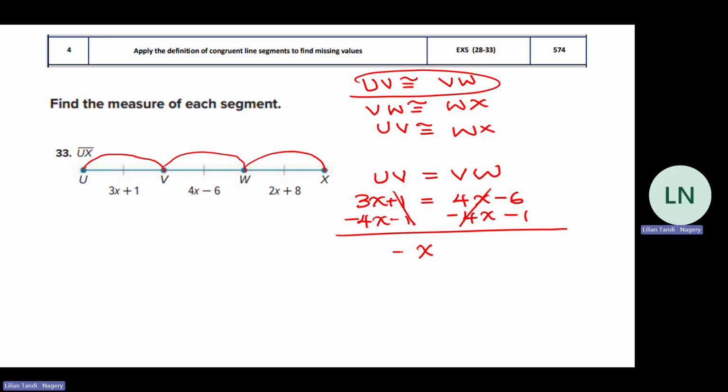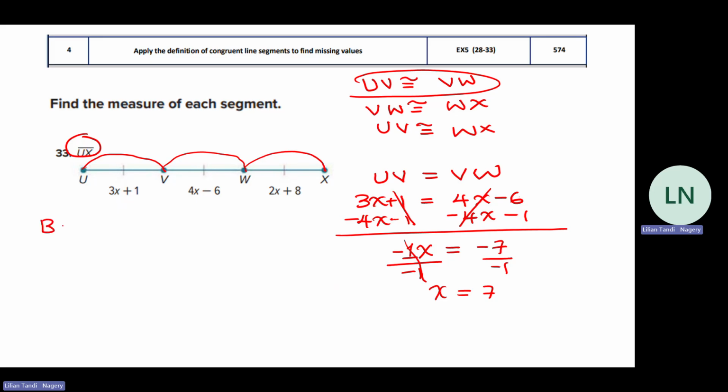So I will put here negative 1x equals negative 7. This will be negative 6 minus 1 is negative 7. So then I will divide both sides by negative 1. This will become x and this will become 7. What do I want? I want from U to X.